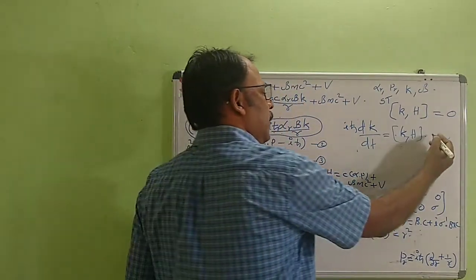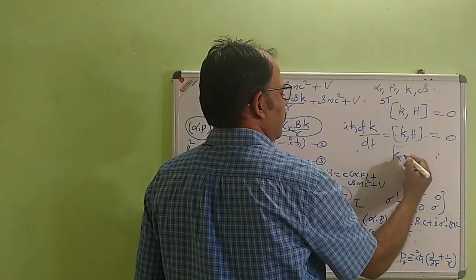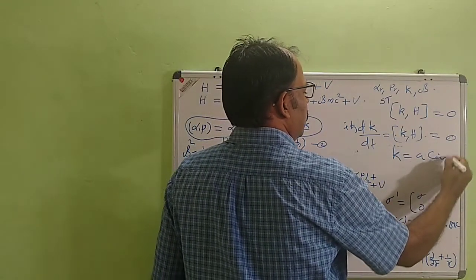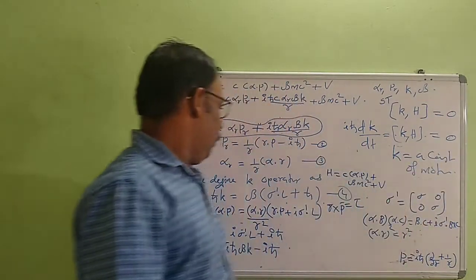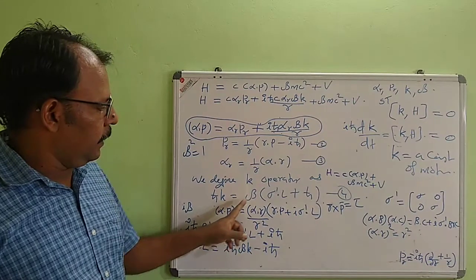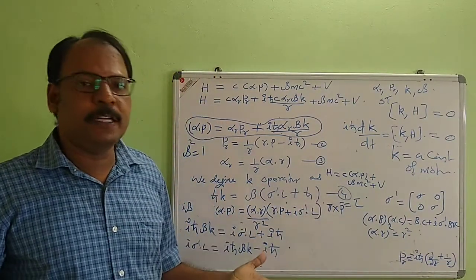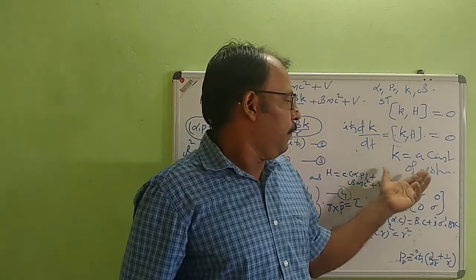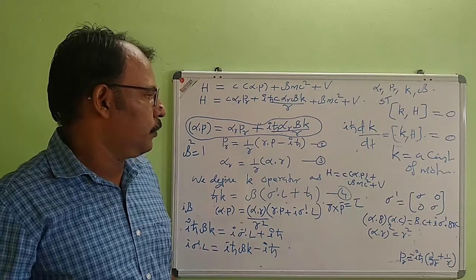If the commutator is 0, then dK by dt equal to 0, or we can say that K is a constant of motion. So we defined a new operator K such that h bar K equal to beta into sigma prime dot L plus h bar, and we find that the new operator K is a constant of motion.